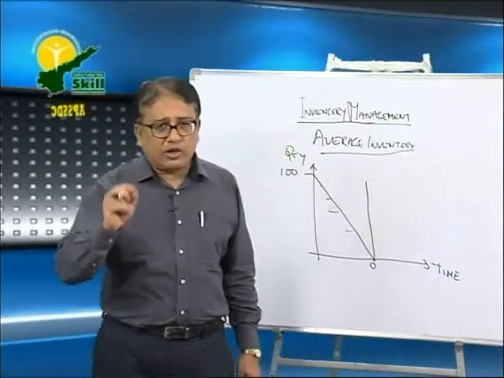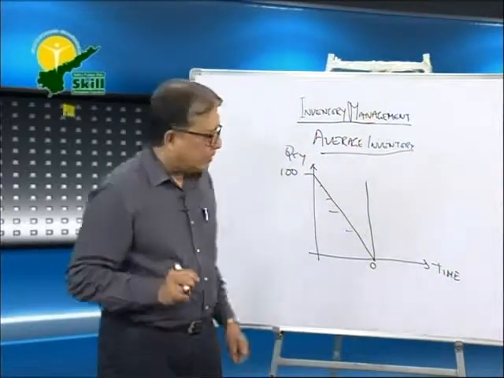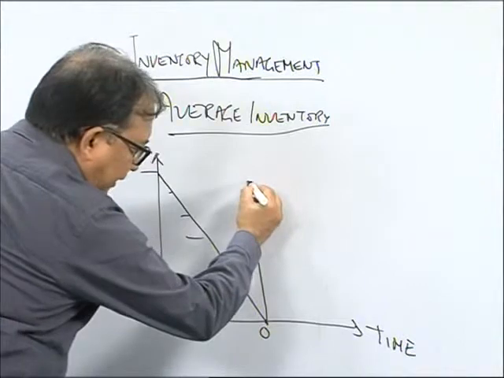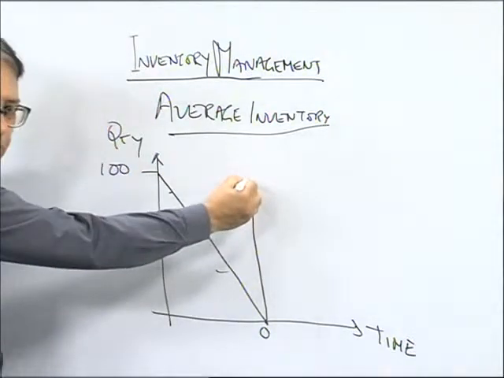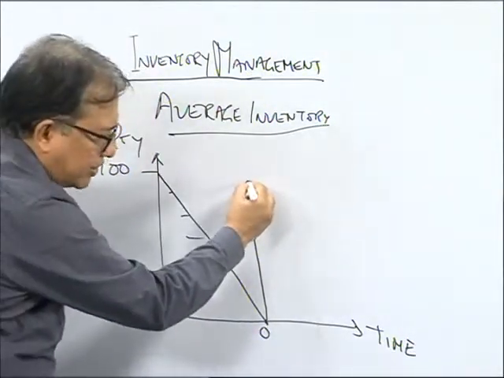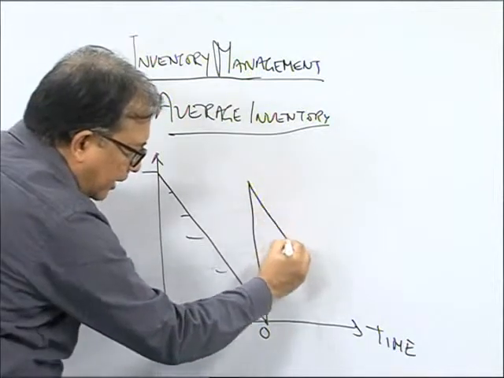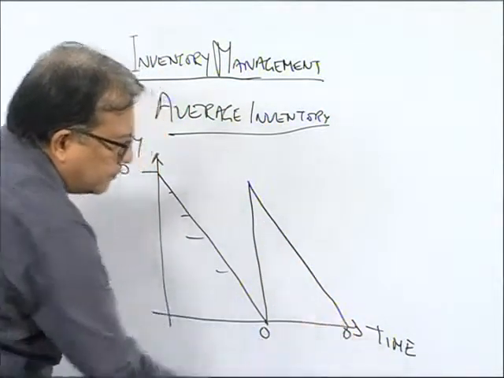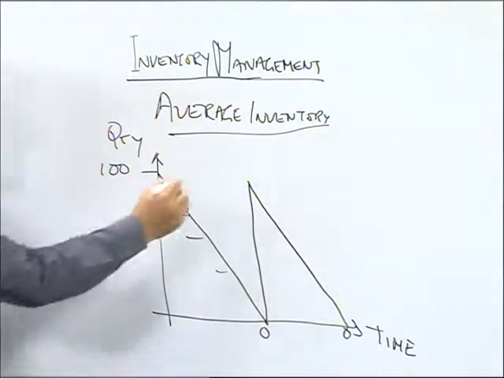That is his order quantity. Similarly, once he has ordered another 100 pairs of jeans, consumers start buying. The inventory ends at 0 again. This is again 100.